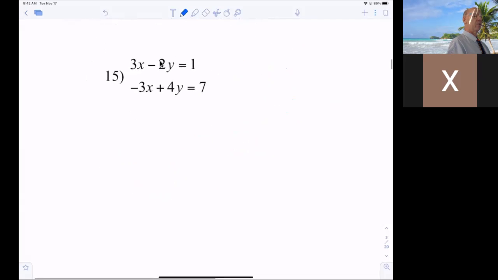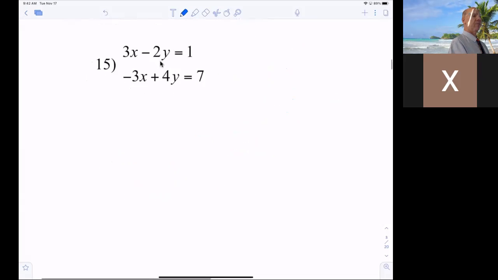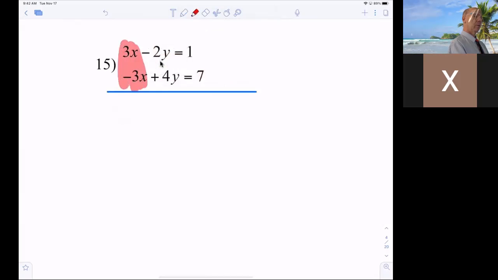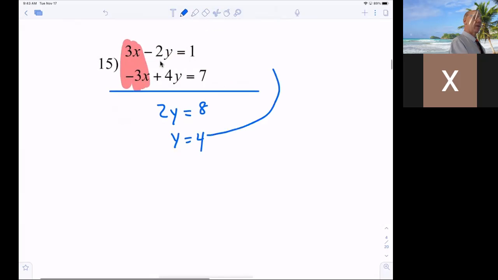Number 5, what can I do on this one? Just add them, right? Because negative 3x and 3x can cancel out. So then that's 2y equals 8, so y equals 4. Now I'm just going to come back up here and plug it in.